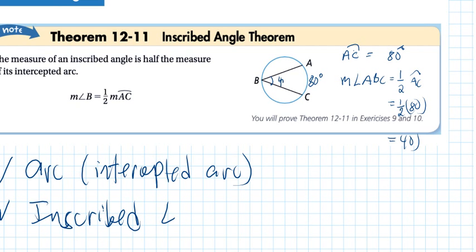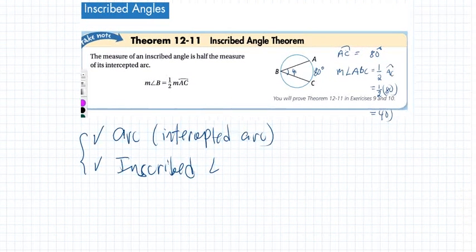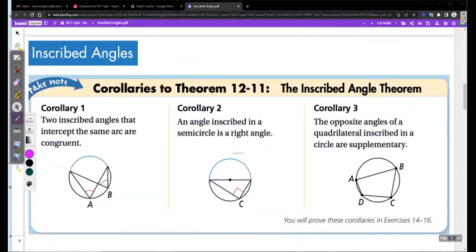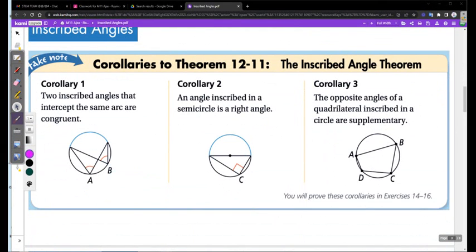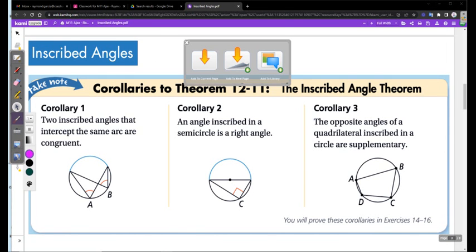Are you getting the hang of it? It should be easy. Okay, so this is another part of your inscribed angle. I would like you to remember this very carefully. Let's add a new page.